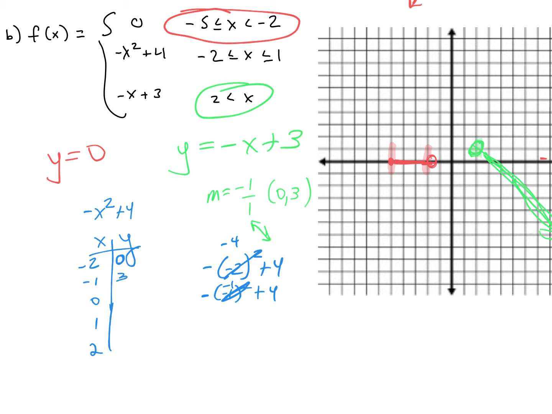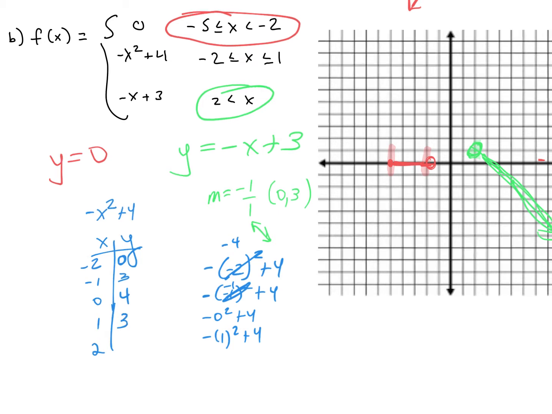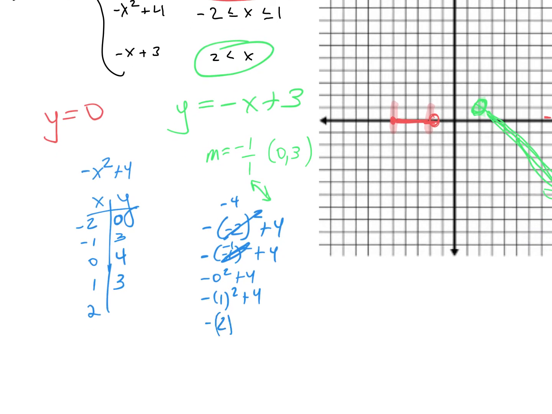Okay. Now I'm going to plug in 0. What's -0 squared plus 4? Good. Now I'm going to plug in 1. What's -1 squared plus 4? Yep, 3. Then what's -2 squared plus 4? 2 squared is 4. -4 plus 4 is 0.